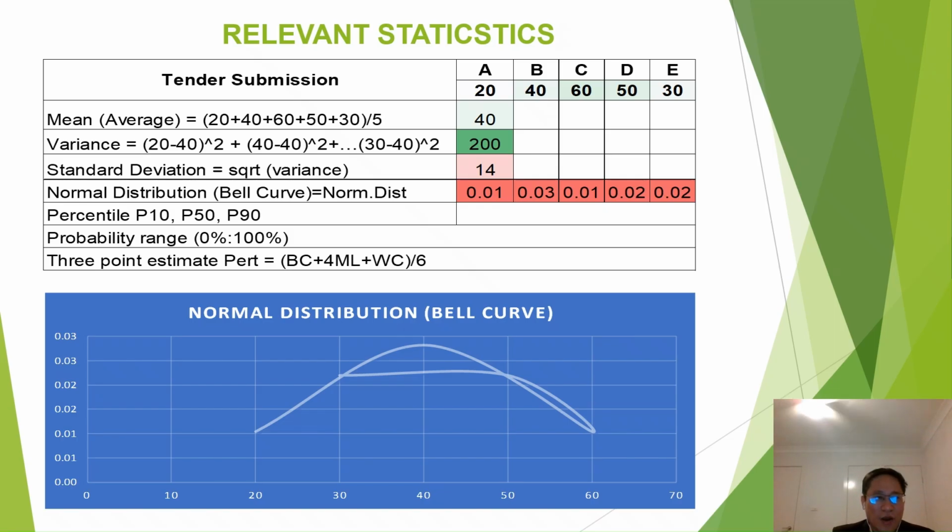And the last one is the 3-point estimate, which is equal to best case plus most likely plus worst case, divided by 6. For example, when we estimate a construction item, we usually have only one most likely figure.